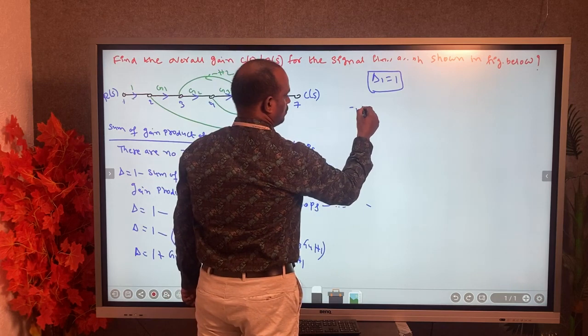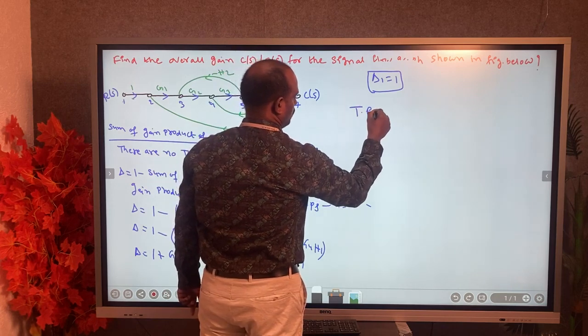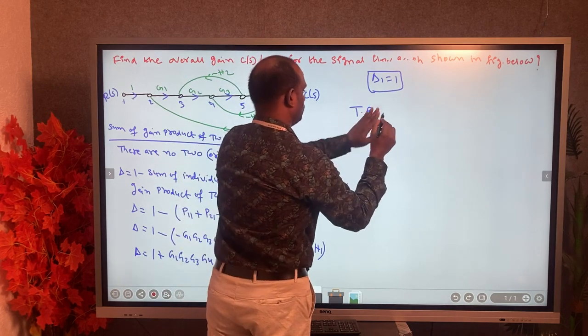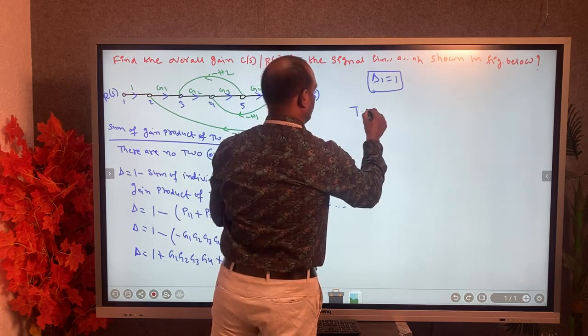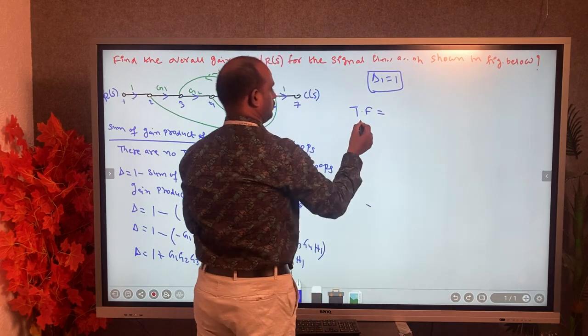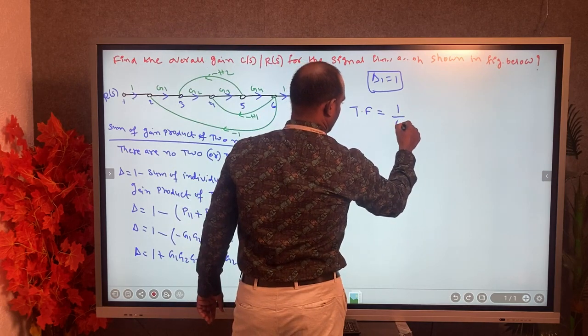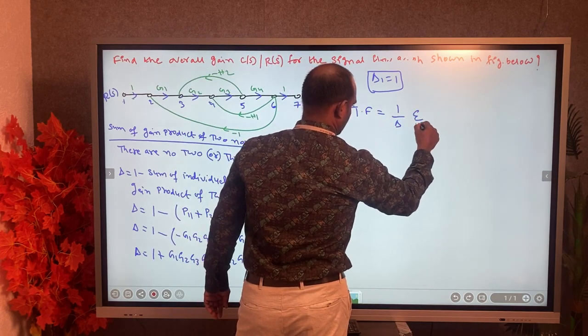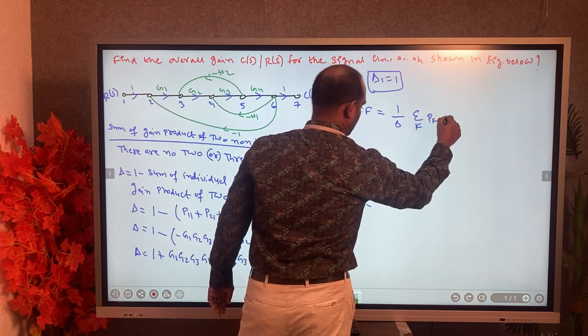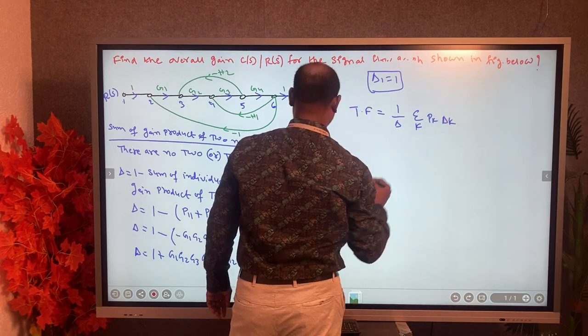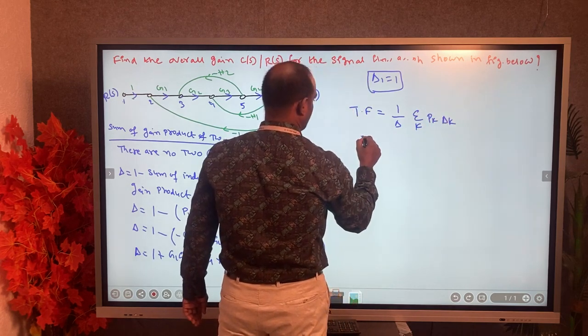Now the transfer function, TF, equals 1 by delta times the summation over K of Pk delta K. We know K equals 1.